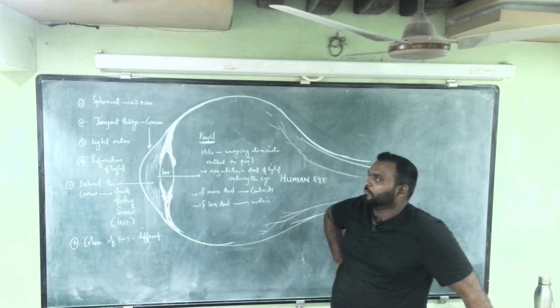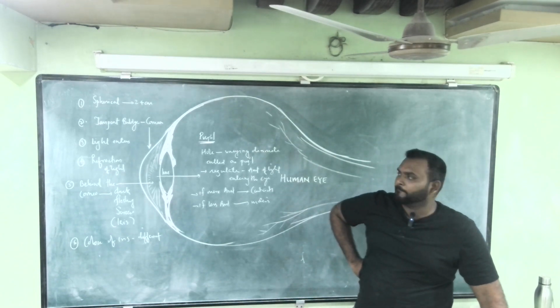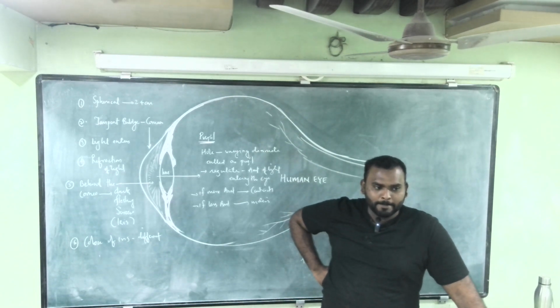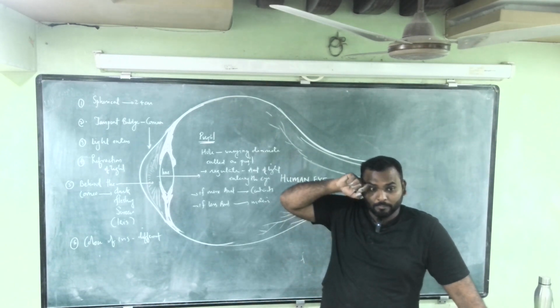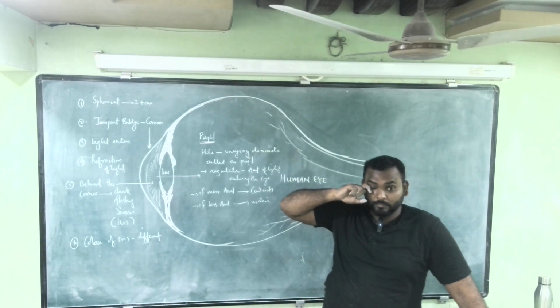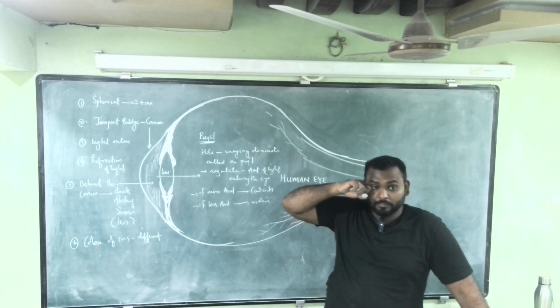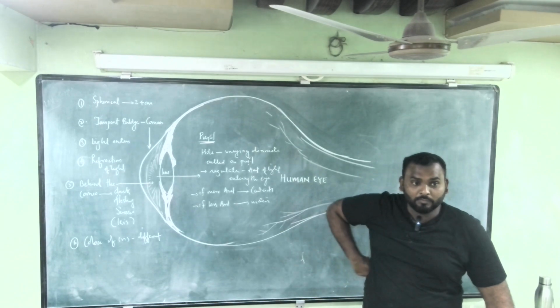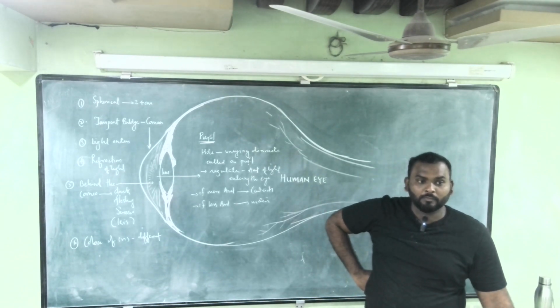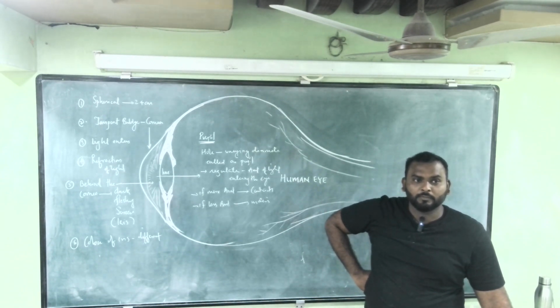There is a transparent bulge on the surface of the eye, called as cornea. Light enters through the cornea. Maximum refraction of light is through the cornea. Behind the cornea, there is a dark fleshy skin called as iris. The color of iris is different for different people.